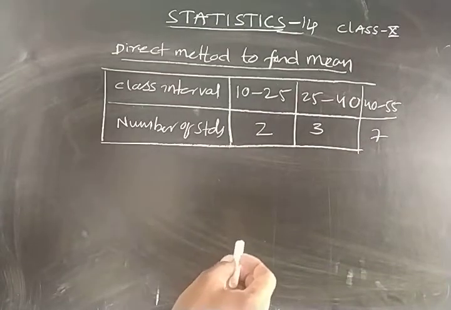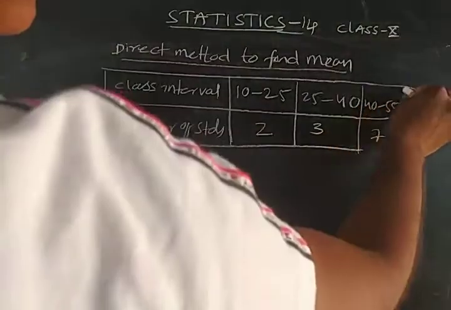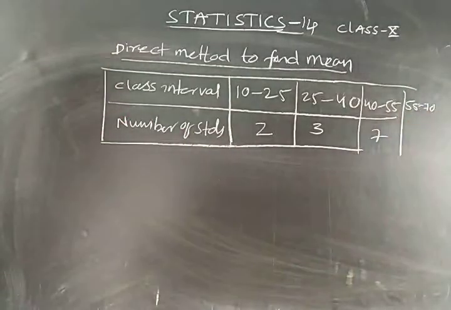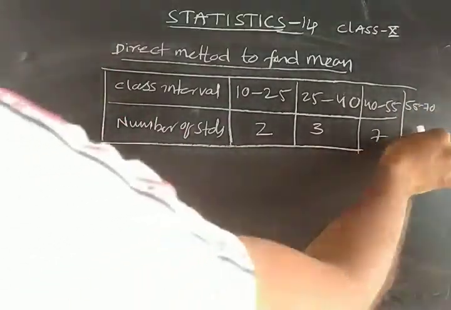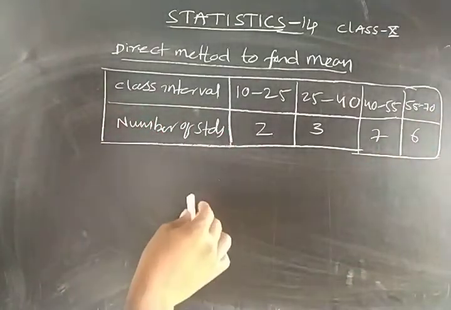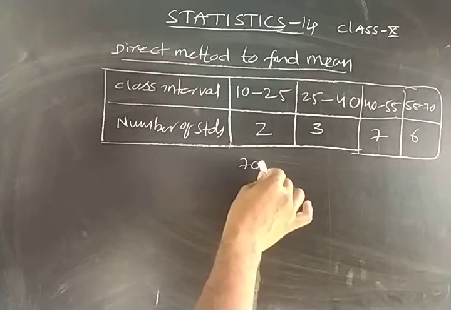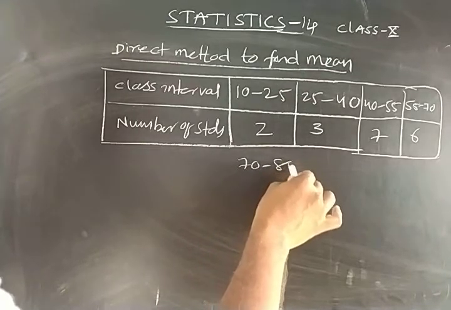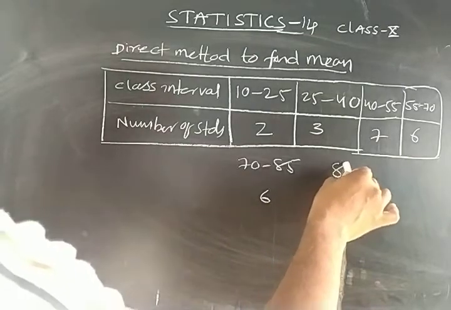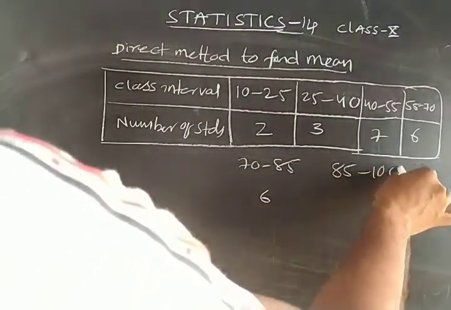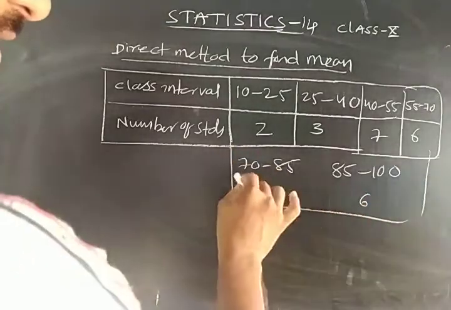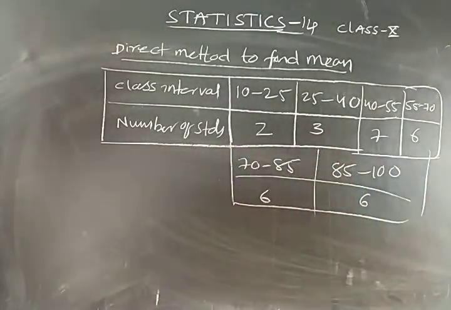Next, 55 to 70: 6 members. Next, 70 to 85: 6 members. 85 to 100: 6 members got the marks. Now this is the required given table.